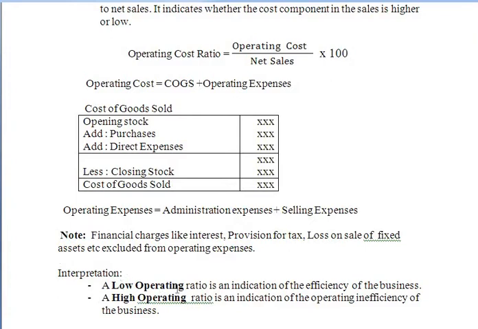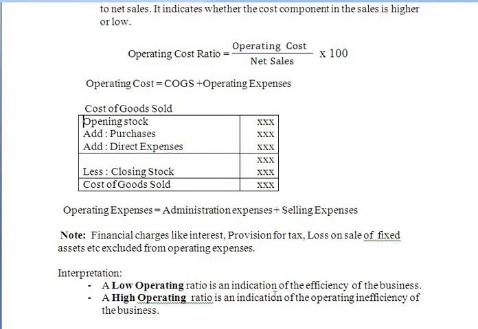A low operating ratio is an indication of efficiency of the business, whereas a high operating ratio is an indication of the operating inefficiency of the business, which means that the firm is not able to control the operating cost, and the operating cost is huge. So to check the efficiency level, we can use this operating cost ratio.